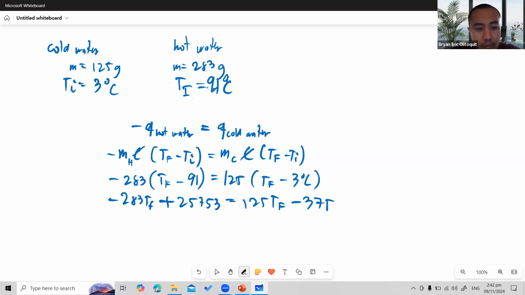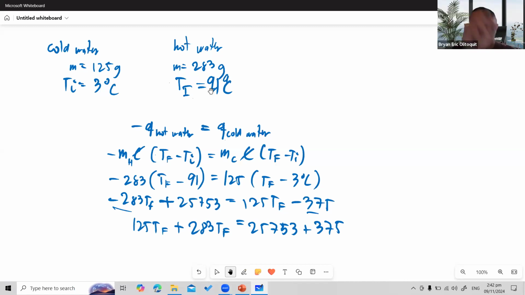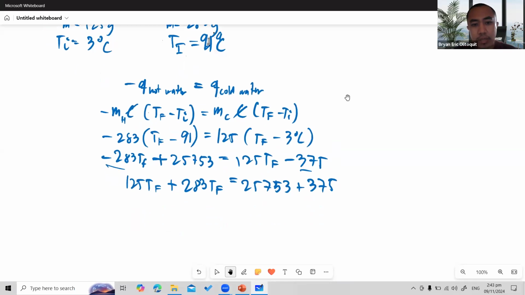And manipulating this equation, lipat na lang natin ito. So we have 125 TF plus 283 TF. This is equivalent to 25,753 plus 375. So as you can observe, ang nilipat natin is ito as well as ito. So nilipat natin sa kabila para maging plus siya. Although dito sa ginawa ko parang baliktad rin. So depende na yan sa inyo kung anong trip ninyo. Ako kasi medyo nasanay na akong ganito na nasa left side.